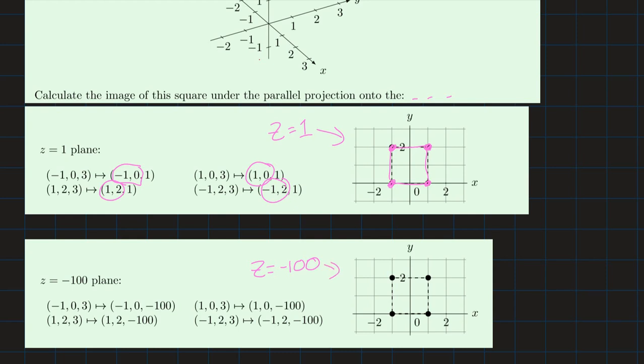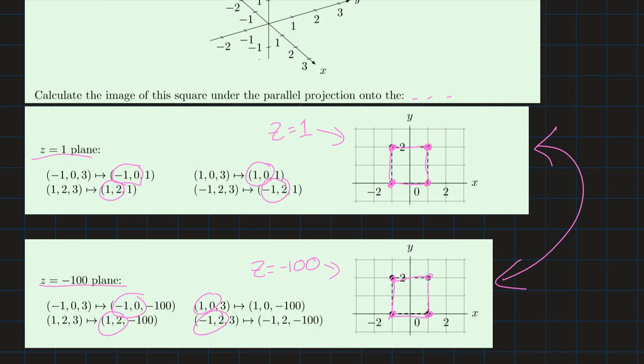What do I see? (-1, 0), (1, 0), (1, 2), and (-1, 2). So it's exactly the same as in the earlier case. The result of doing the parallel projection is exactly the same if I project onto the z equals 1 plane or the z equals -100 plane.